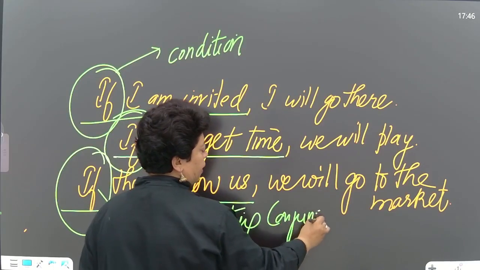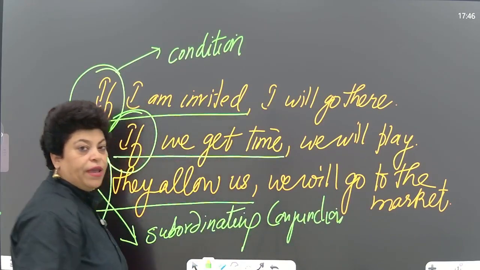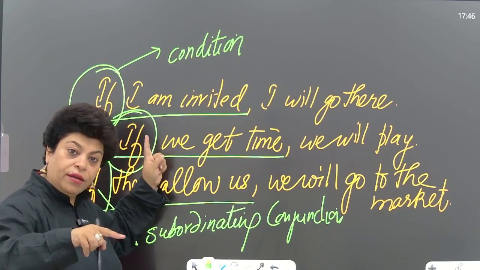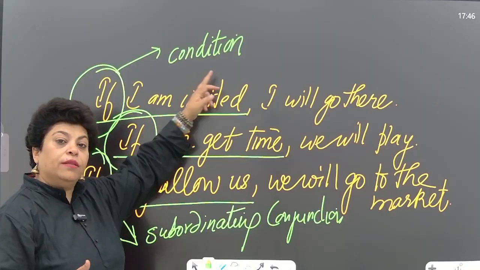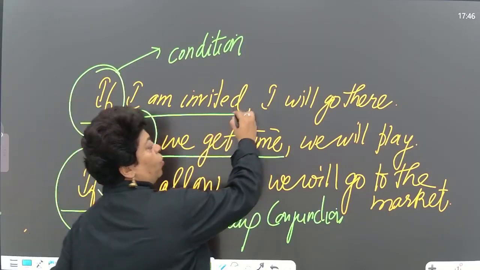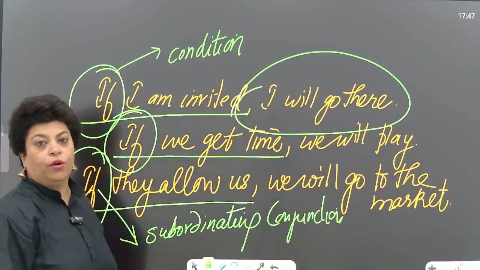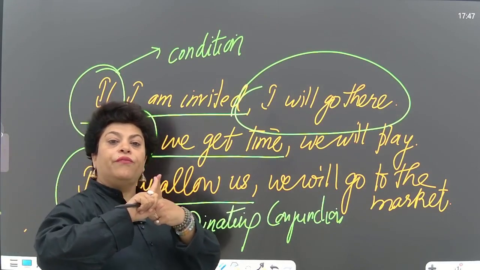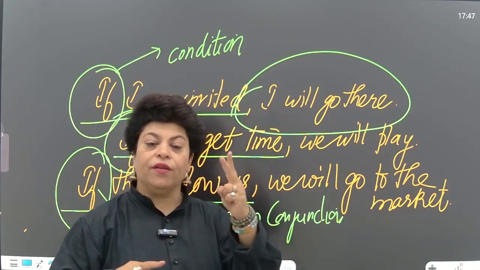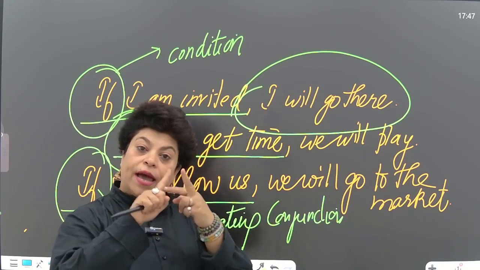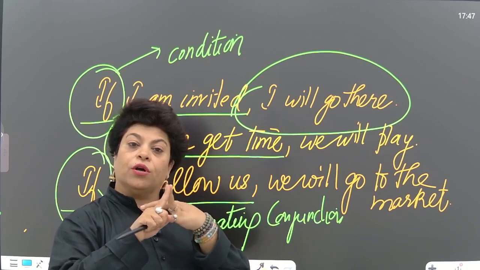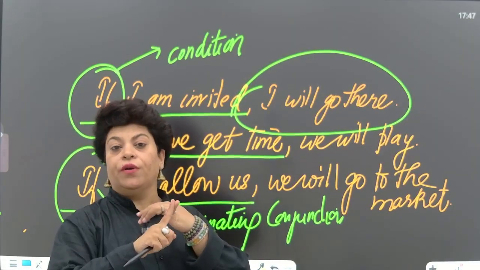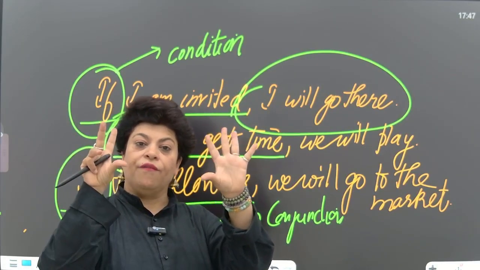Hence, clearly giving an indication that we have one set of sentence which makes it dependent, and it is depending on the other sentence, which is of course called the independent clause. So four types. First is adverb clause of place. Second, we talk about adverb clause of time. Third, we talk of adverb clause of manner, that is how. And fourth is adverb clause of condition, that is if.